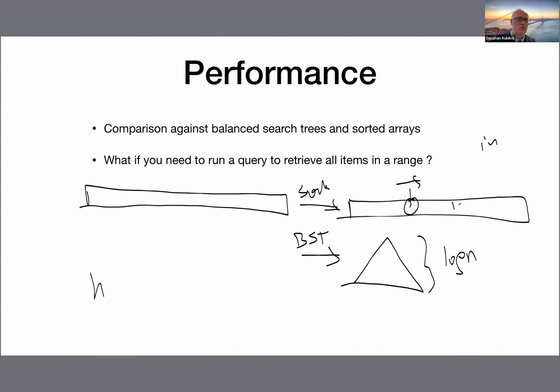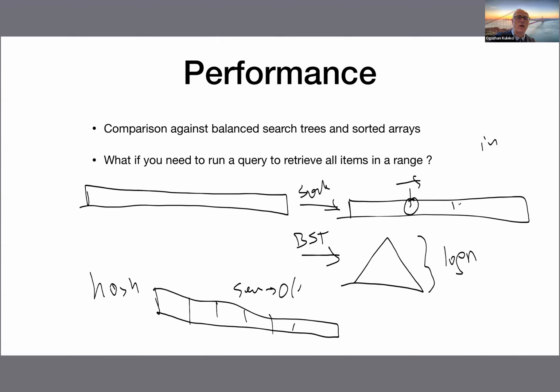But with the hash, if I use a good hashing scheme, then the search complexity is O(1), constant. That is better than sorting the array. That is better than the binary search trees, right?